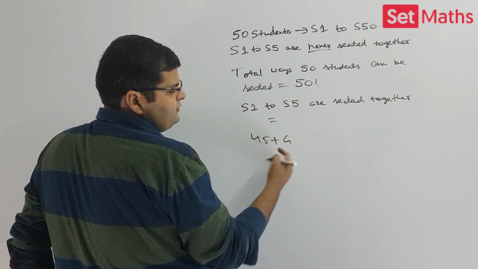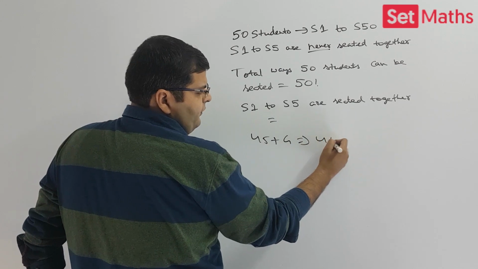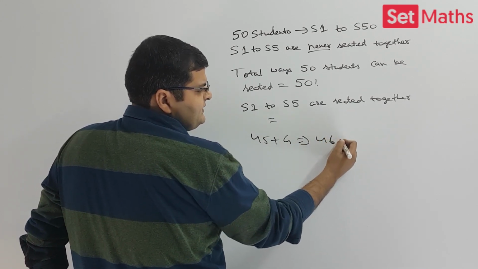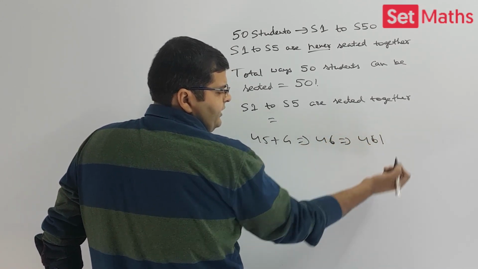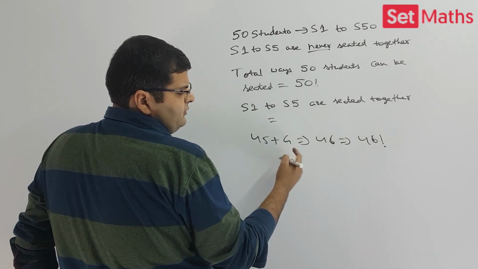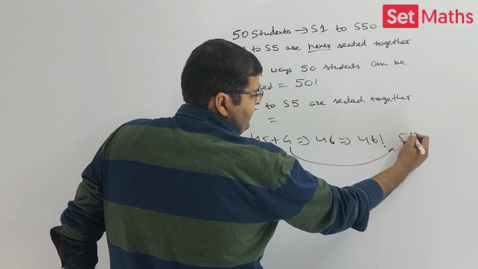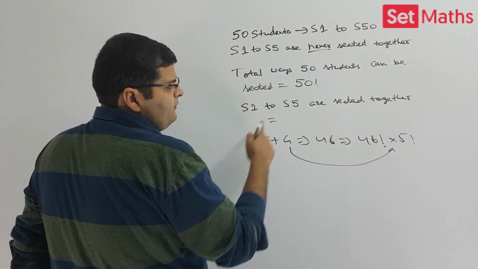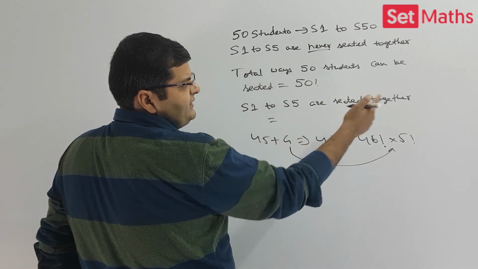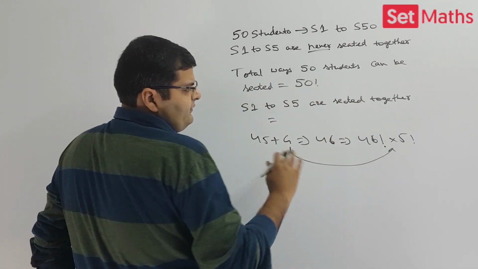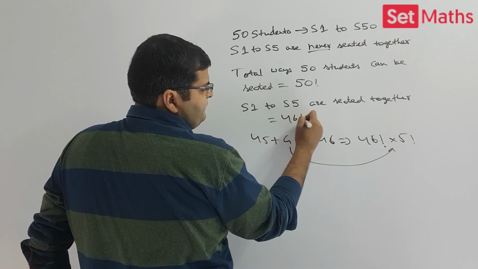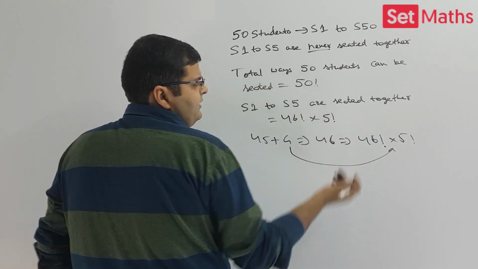So in all, 45 students plus one group, that is 46 entities. 46 entities can be seated in 46 factorial ways, and this group has to rearrange in 5 factorial ways. So the total number of ways S1 to S5 are seated together along with the remaining 45 students will be 46 factorial times 5 factorial.